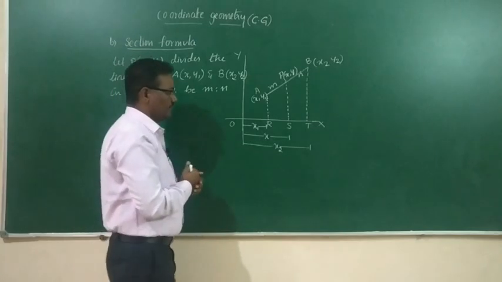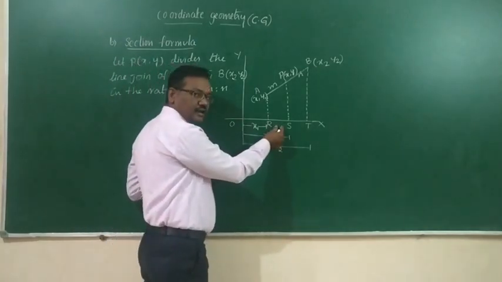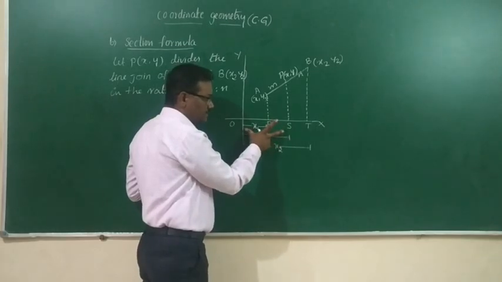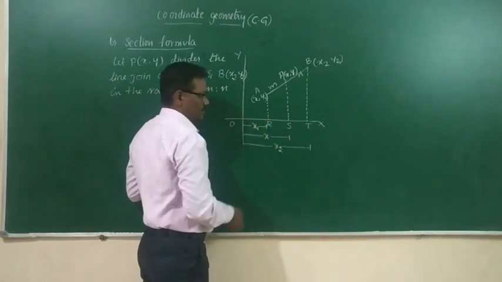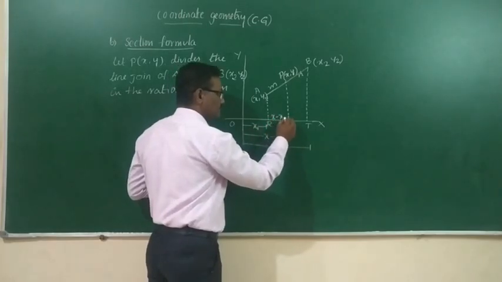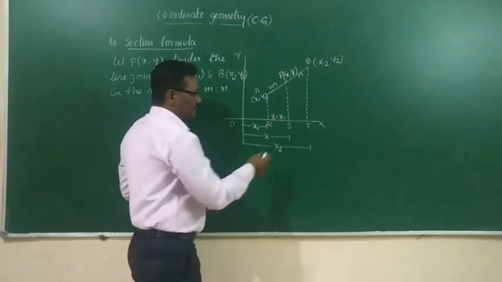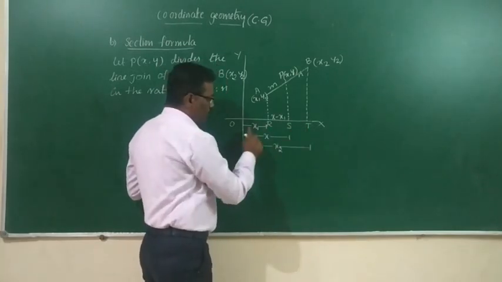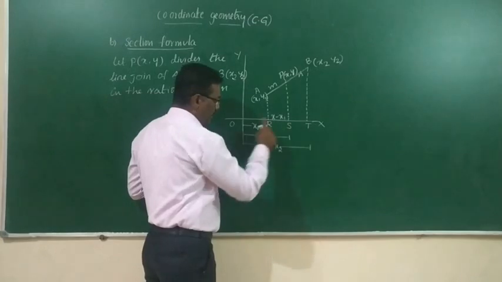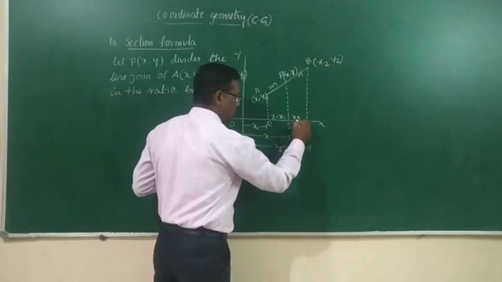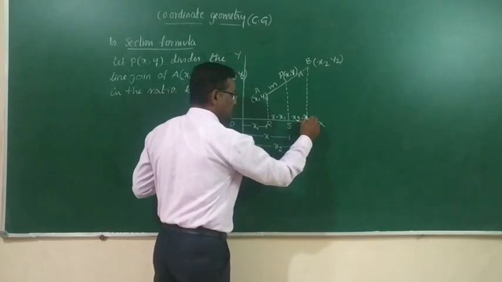Now observe carefully, how do we get RS? RS is nothing but OS minus OR, means x minus x1. Again, ST is OT minus OS. Therefore, it will be x2 minus x.